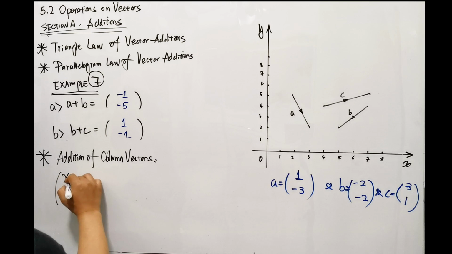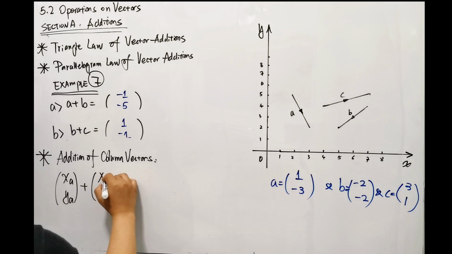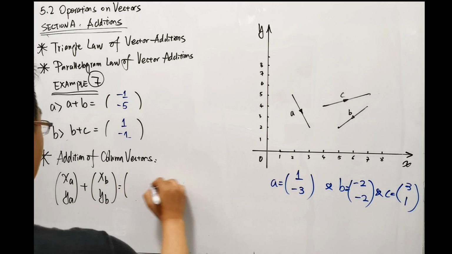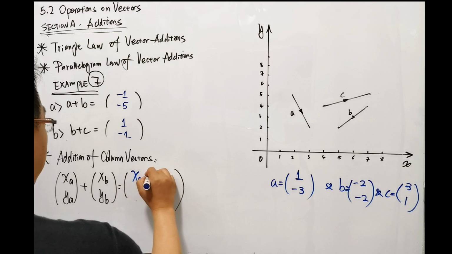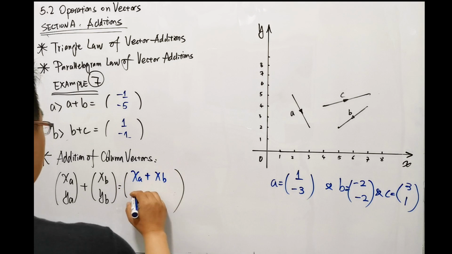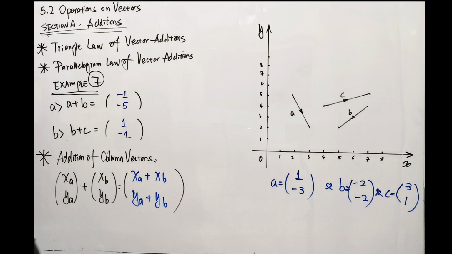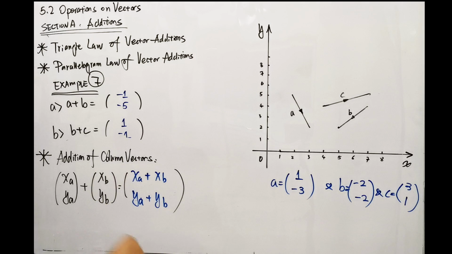For example, (xa, ya) plus (xb, yb). We get the components as xa plus xb, and ya plus yb. So x component is added to x component, and y component to y component. This is very important.